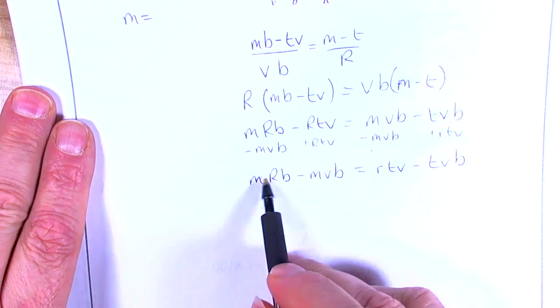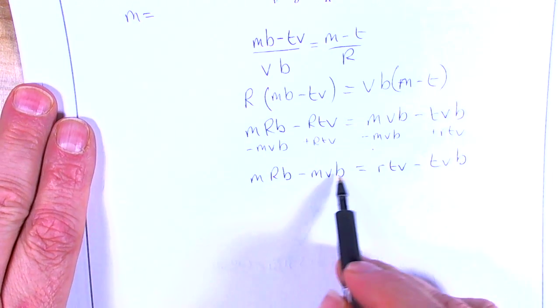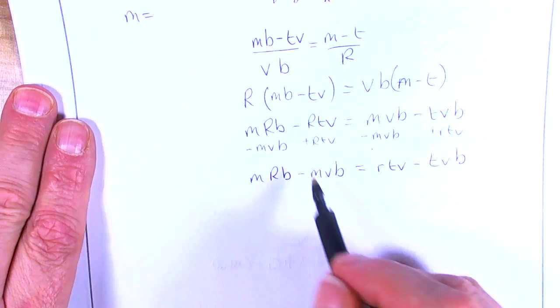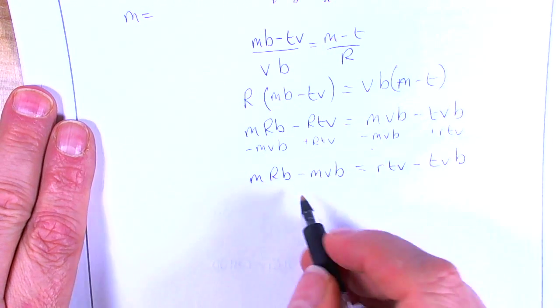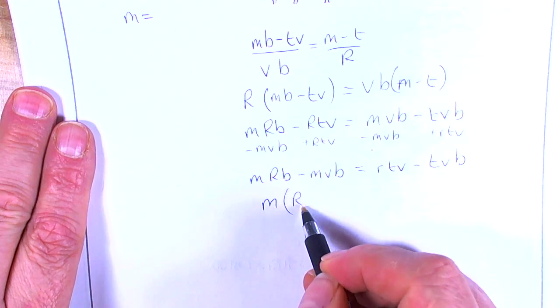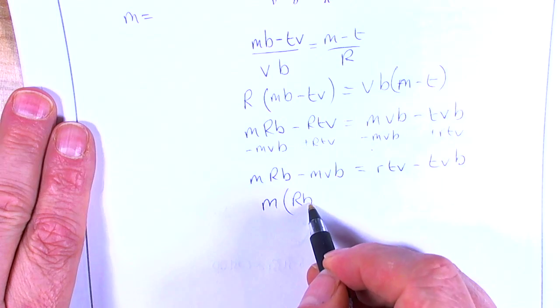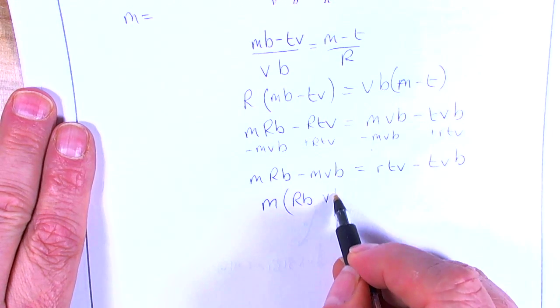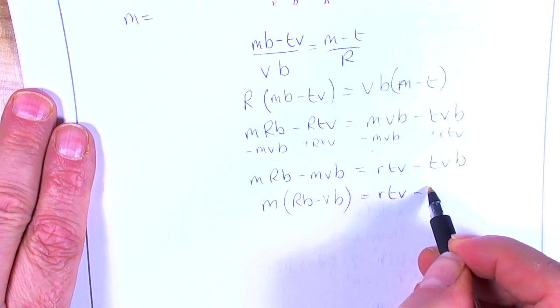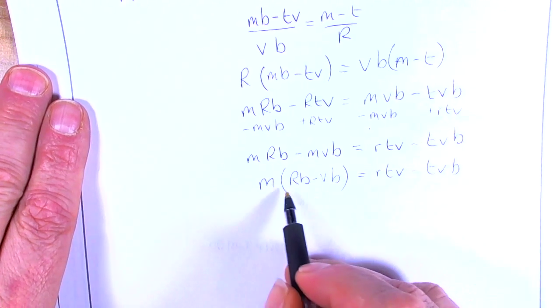We've now got both the terms with M in on the left hand side of the equals, and because we want M equals, we'll factorise the M out so that we end up with a single M. In factorising out, divide that by M, you're left with RB, divide that by M, you're left with VB, and there's a takeaway, and that equals RTV take away TVB.